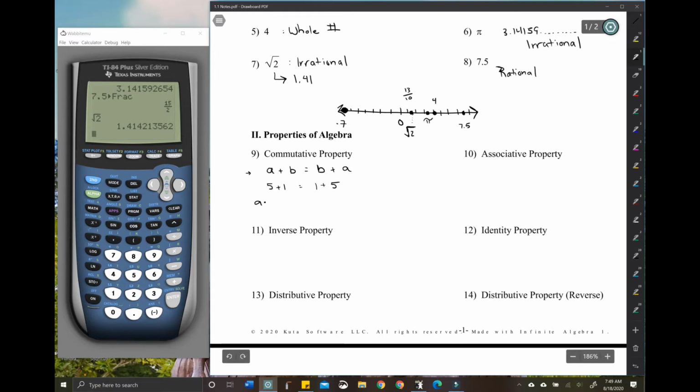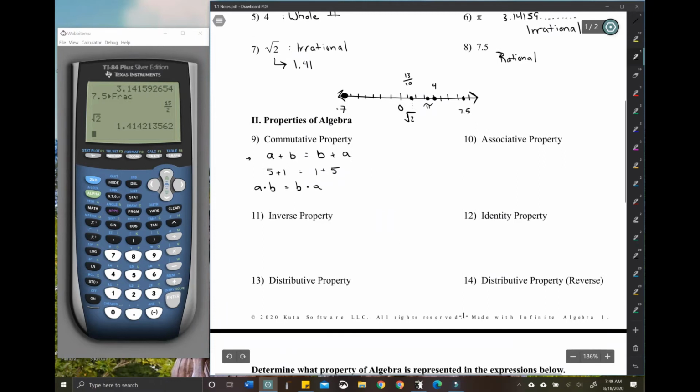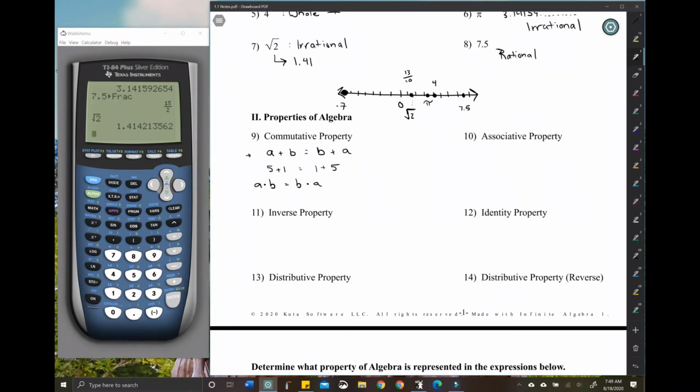So A times B is equal to B times A. And that's about it there. Number-wise, 5 times 3 is equal to 3 times 5. Okay, so notice that the numbers are commuting. They're switching spots. Okay, so I'm going to highlight them to emphasize that the numbers are moving spaces.